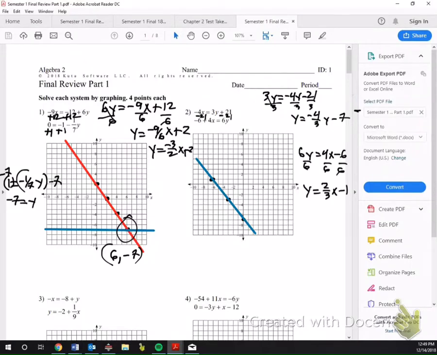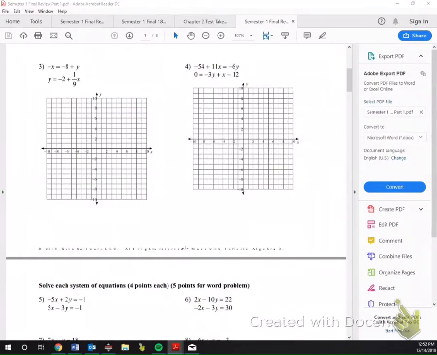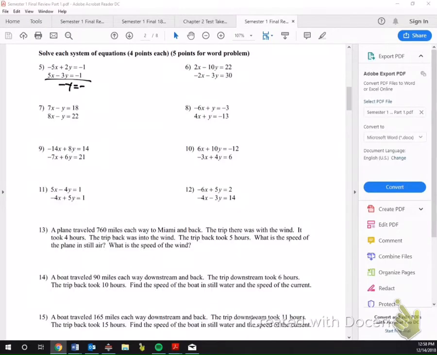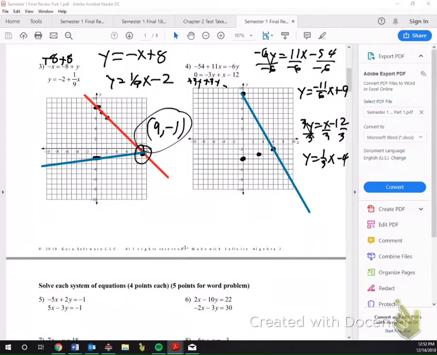Graph both lines. Find the point of intersection. And that's your answer. Again, with 3 and 4, graph, find the point, graph, find the point. Okay, so that's how you graph a system of equations.